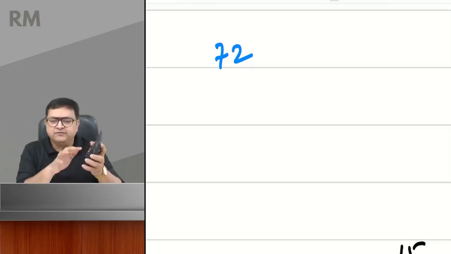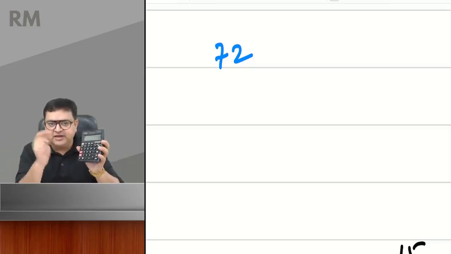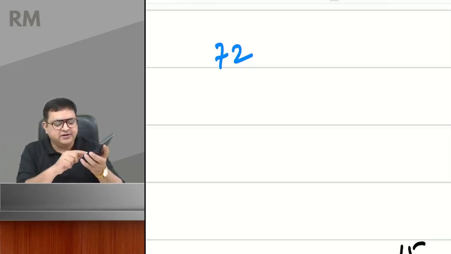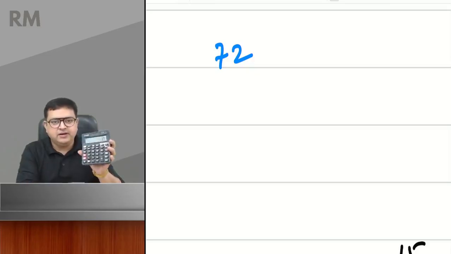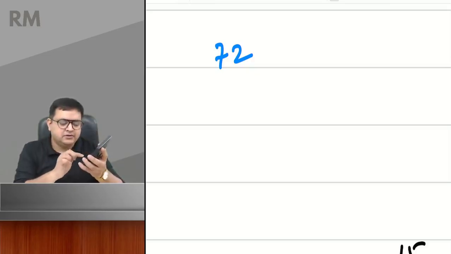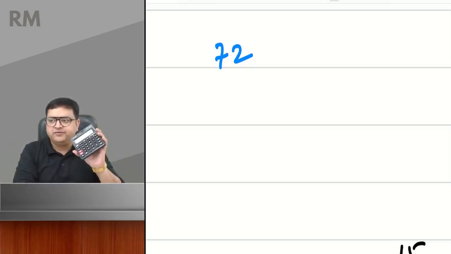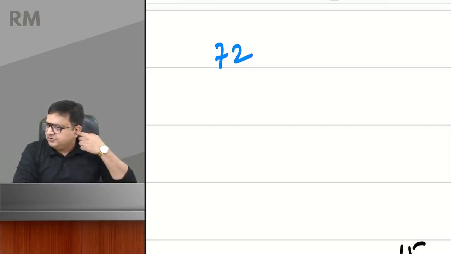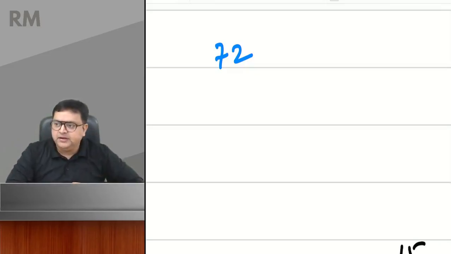Into, see 57, it has already subtracted it. Into 30%, 17.1 plus 1.4, 18.5. Got it? Everybody got this? Yes or no? Tell me. I think most of you must be knowing it also. 18.5.